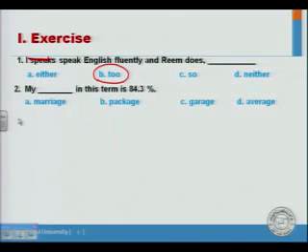The next one, my in this term is 84.3%. So here the answer, marriage, package, garage, average. So my average. And just to remind you, sometimes when I answer some sample questions, I mean to circle this, but while talking I maybe circle other words. So please keep this in mind.